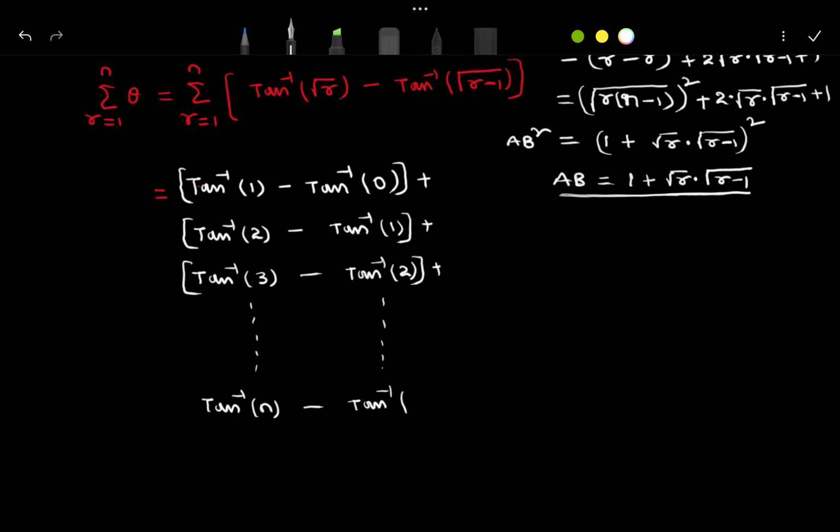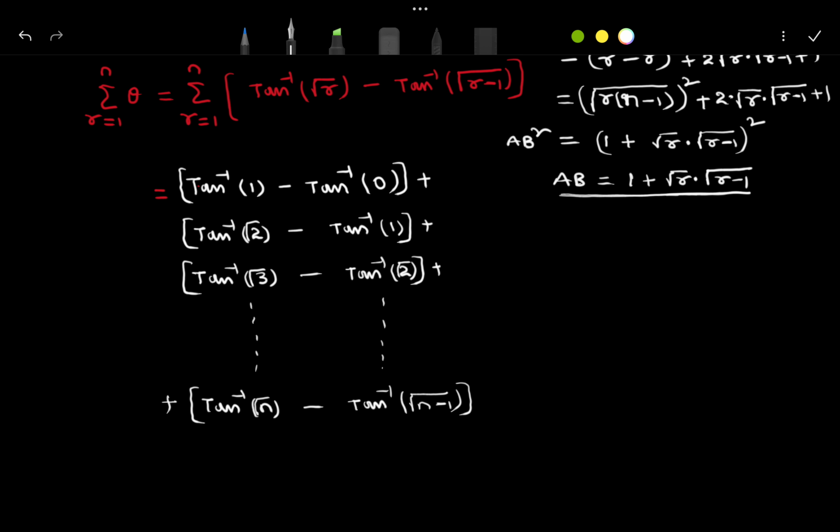Sorry, here all values will be square root. So this is square root of 2, and now here you will get square root of n minus 1. So this is the last term.